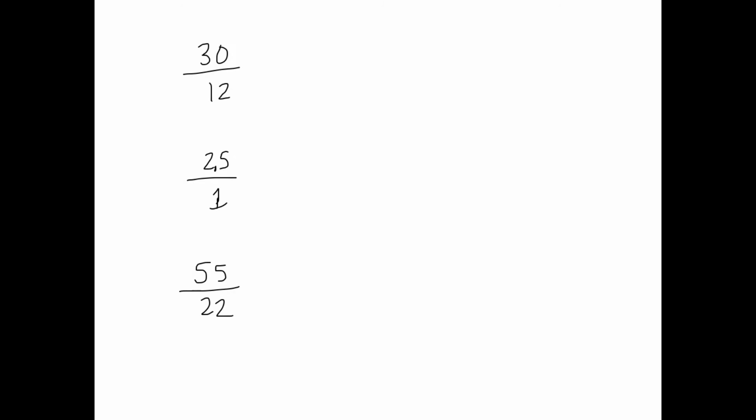To turn a fraction into a decimal, we would take the numerator and divide it by the denominator. So let's do that on our calculators. 30 divided by 12 gives us an answer of 2.5. What's 2.5 divided by 1? It also gives us 2.5. What do you think 55 divided by 22 might be without even using your calculator?